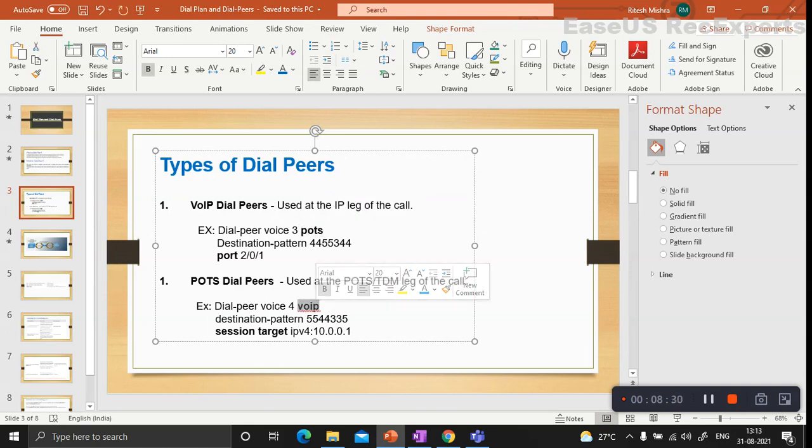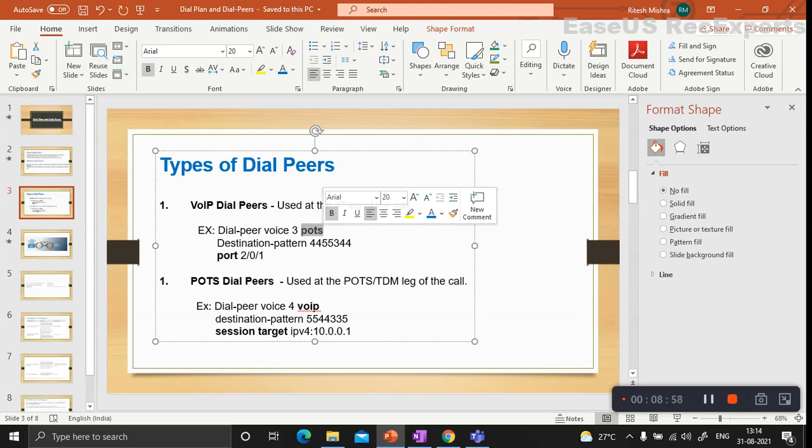If you need a VoIP dial pair on the VoIP leg, you have to use the keyword voip, dial-peer voice. This is the tag, and this is a specific tag. If you have used 4 in one of the dial pairs, you can't use 4 in another dial pair. You have to use a different tag. This is a tag specific to dial pairs. And when you want to configure a POTS dial pair, use the keyword pots.